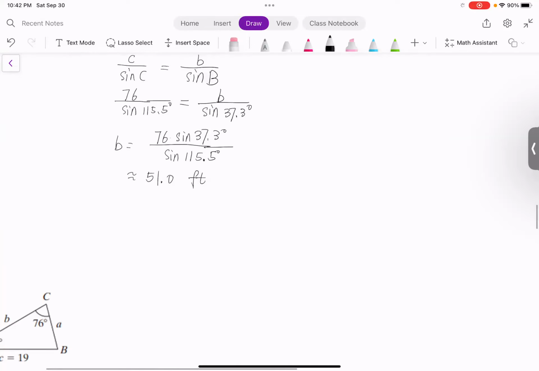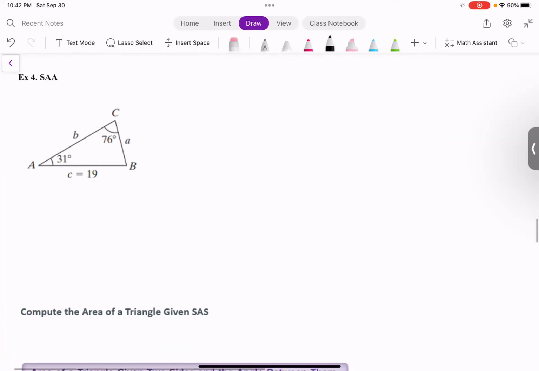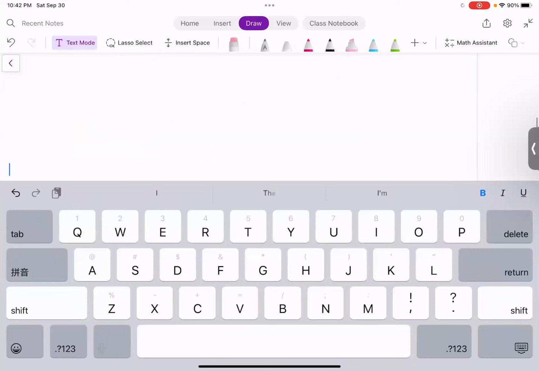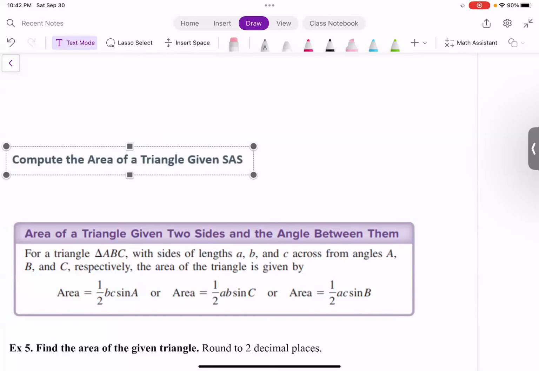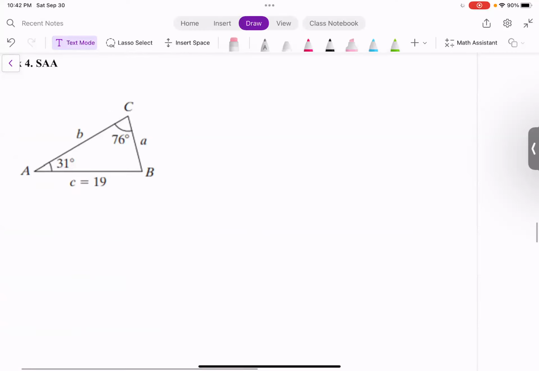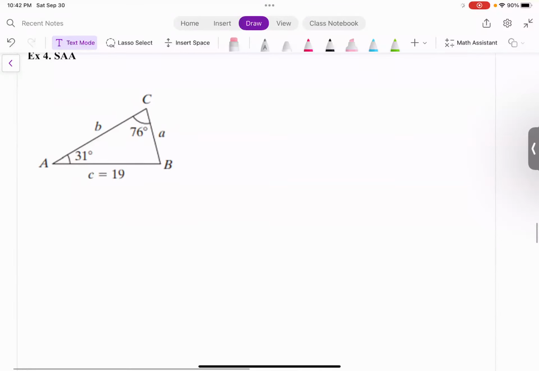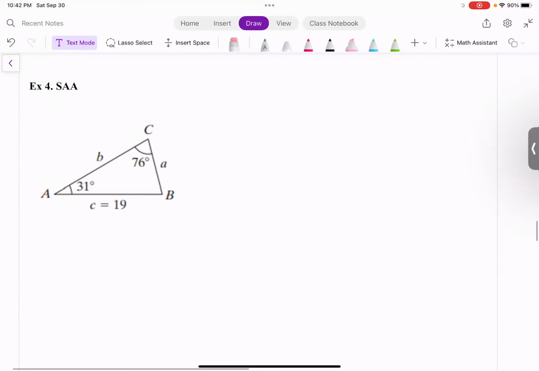Okay, let's see the next example. Next one, SSA case. I feel there's not enough space. If I'm looking to solve for the triangle here, I need to find the missing angle first, because I have two angles.